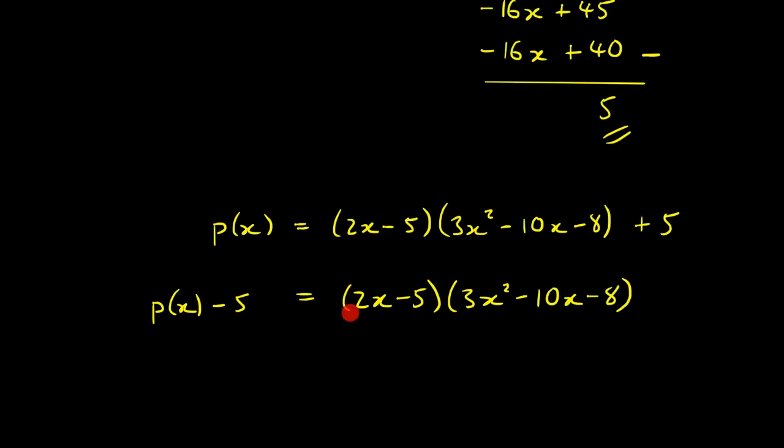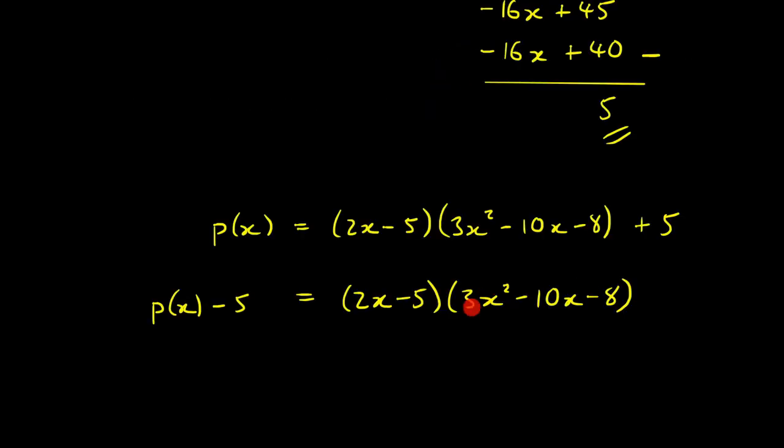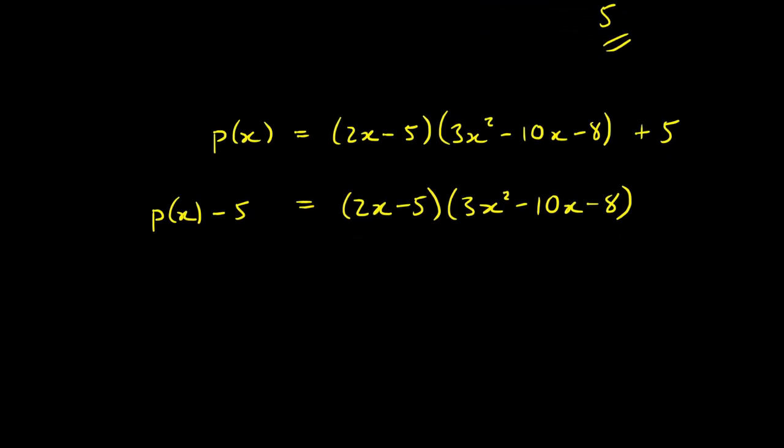But if we read the question carefully, it says write it as a product of linear factors. This is a quadratic factor, so we're going to need to factorize it once more in order to make it into linear factors.